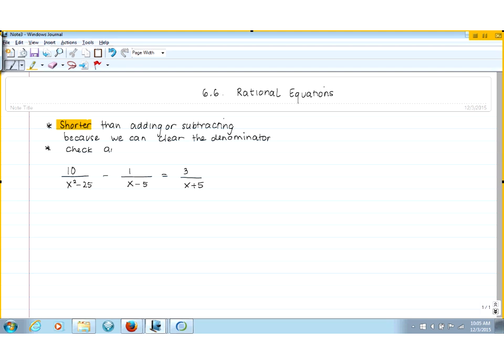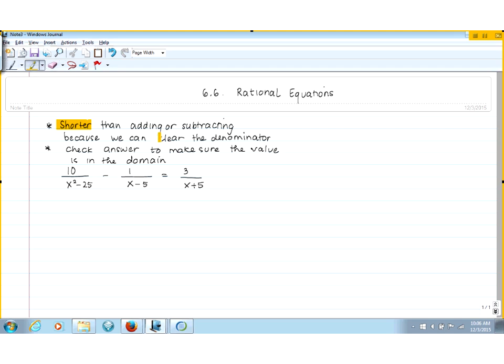So check the answer by substituting, to make sure the value is in the domain. That's what you need to do.